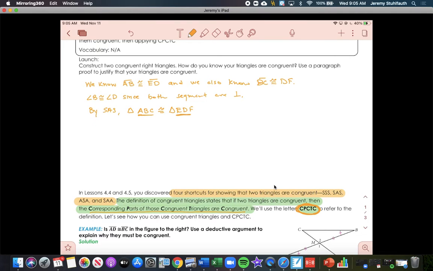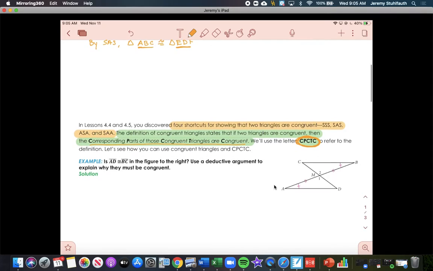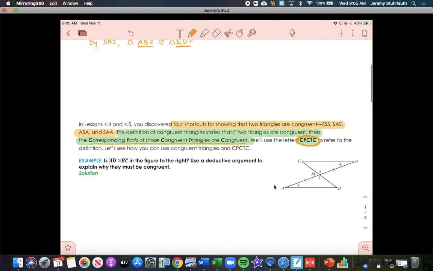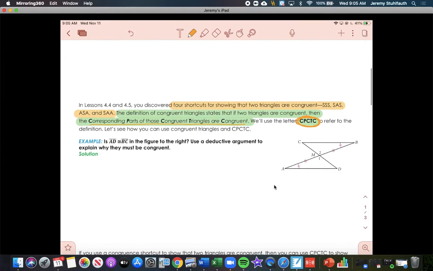So we're going to go through a bunch of examples on how to use the four shortcuts and use CPCTC in order to find out whether or not different parts of a triangle are actually congruent. If we look at this first example, it asks, is AD congruent to BC?